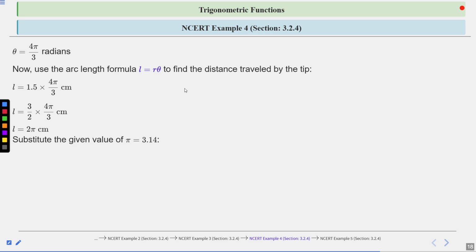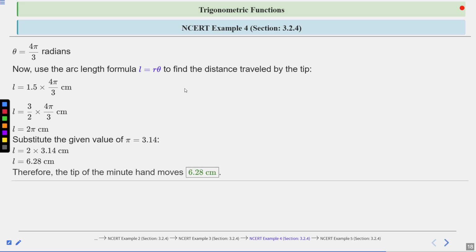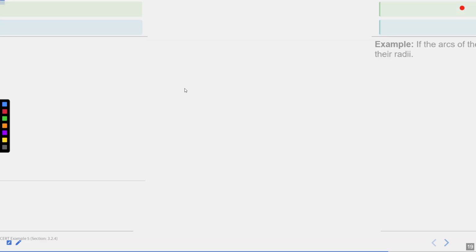Now just substitute your pi value as 3.14. You will get L, which is your distance traveled by the tip, twice of 3.14, meaning 6.28. Therefore, the tip of the minute hand moves 6.28 centimeters. I hope the steps are clear.